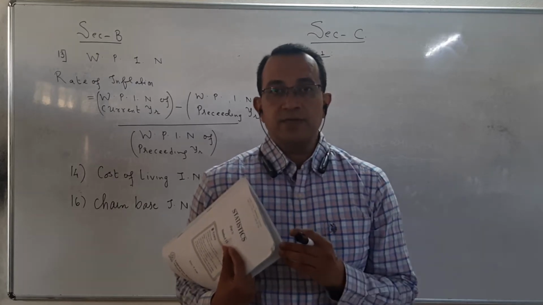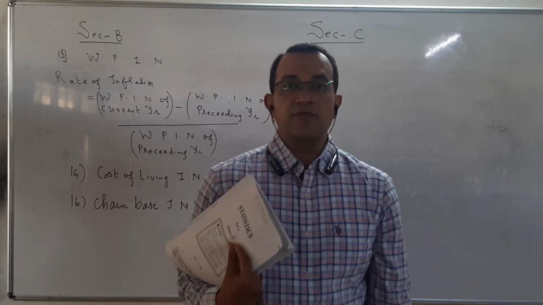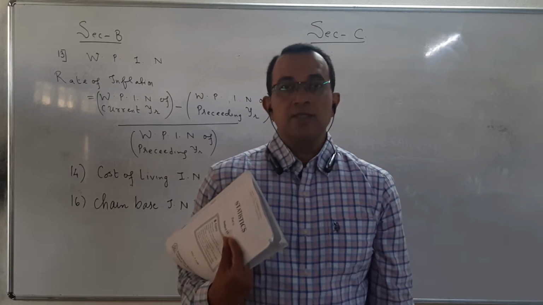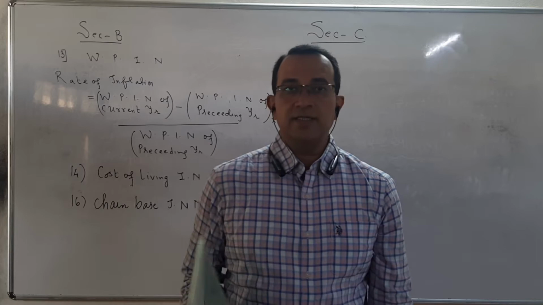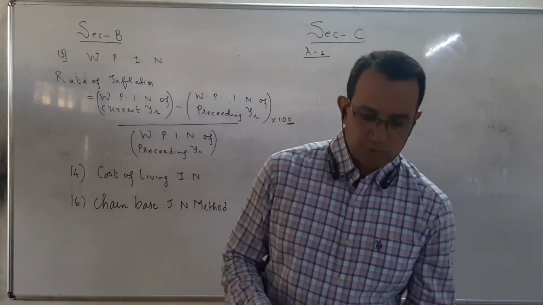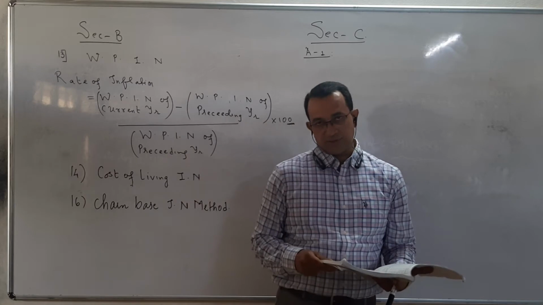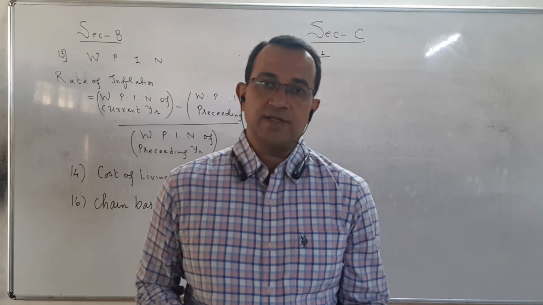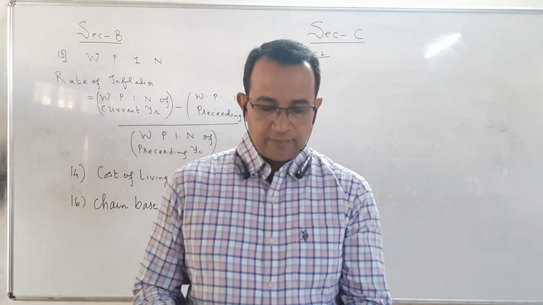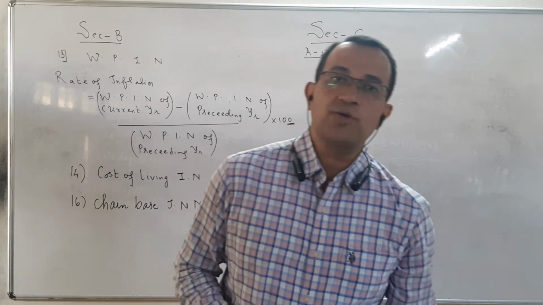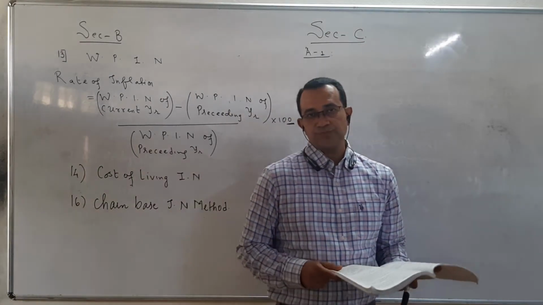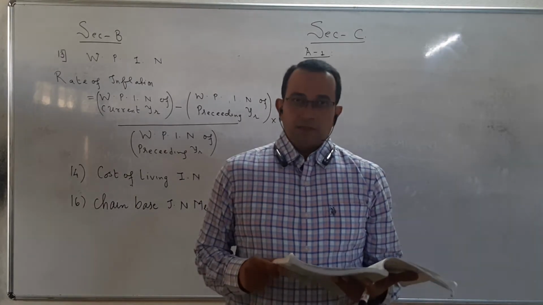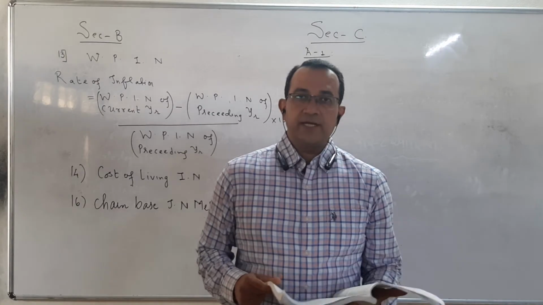In family budget inquiry, the 5 key items are food, then house rent, then clothing, then fuel and electricity, and the 5th is miscellaneous. Then students, availability of prices of items. Then 4th is selection of a basic. 5th is selection of average, and 6th is appropriate selection of weight. So these 6 points are considered, students, in the construction of cost of living index number.